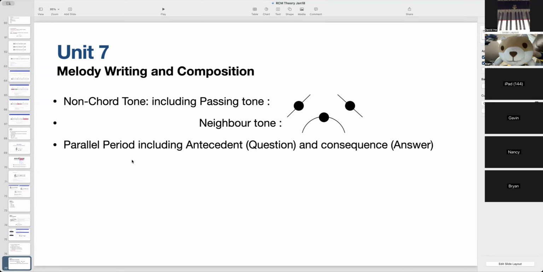Composition is combining the melody writing and the harmony that we learned from the last class to create a piece of music. Like Bach or Mozart, they created those pieces of music, and that's a composition.